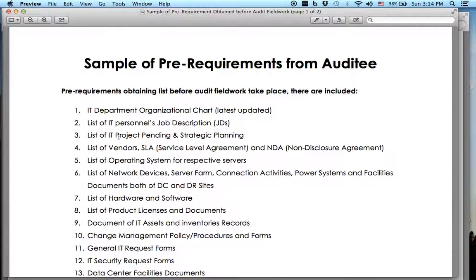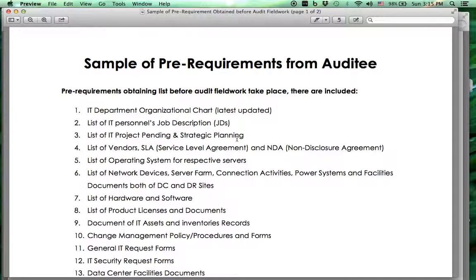And number three, list of IT project pending and strategy planning, like I mentioned in the previous part. List of IT project pending is very important when you cover the IT project management audit. So you need to obtain all pending projects. For example, in the previous year, they conducted 5 projects, so they definitely have 5 project plans, project activities.